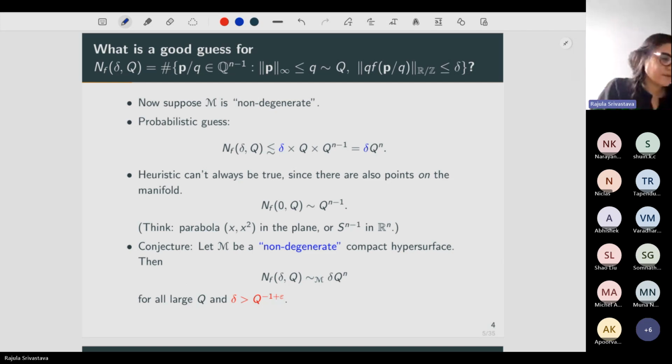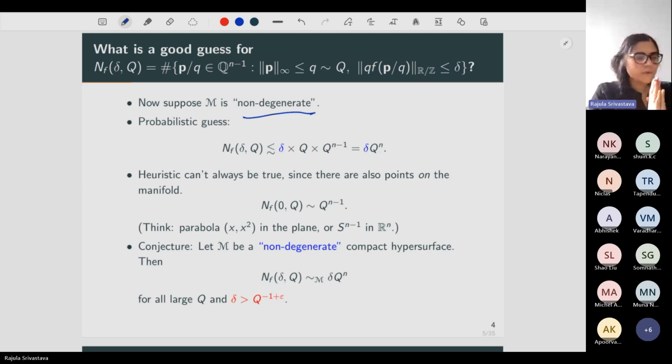So your hypersurface needs to be "non-degenerate" in some sense, and I've kept it in quotes because it's vague. We don't really know even now what the characterizing condition is where you can prove a really nice theorem for hypersurfaces. Today we'll see one such nice class of surfaces where you can. But what I'm saying is that you have to somehow disallow some flatness. Now, to what degree, that's a question.